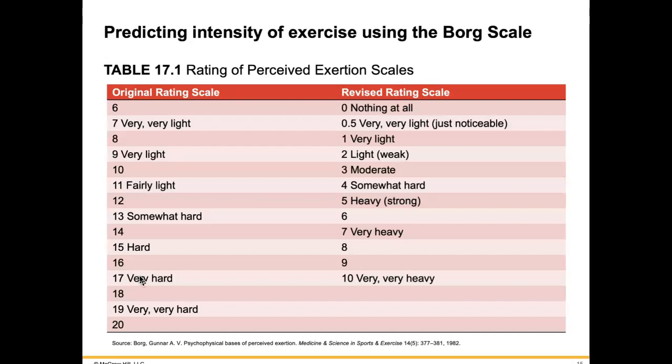And so sometimes people will use this scale as an adjunct to the target heart rate range in order to prescribe the intensity for healthy individuals. But it does take some practice for the individual, the subject, to be able to recognize which number they are on the scale as they're performing their exercise accurately.